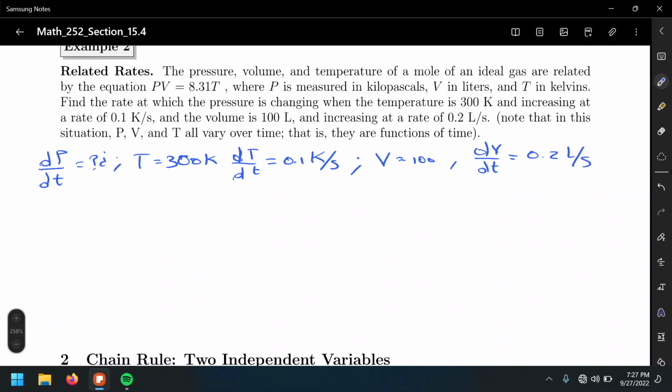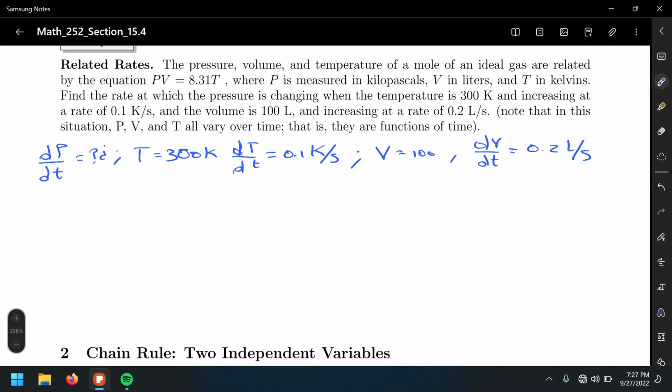Let's not care about the units for now, because otherwise we're going to have a lot of symbols. We can just make sense of the units in the end. So this equation that we have here, PV equals 8.31 T, how about in this case we solve for the variable P, for the pressure, because we want to find the change in the pressure with respect to time. So let me write it over here. That's going to be P equals 8.31 T V to the negative 1.